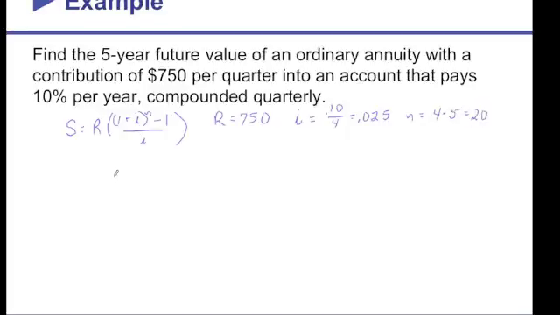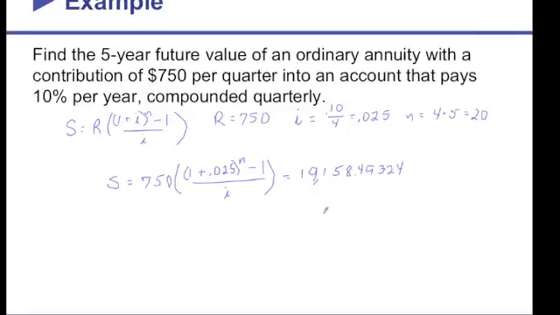Putting that into our formula, S will equal $750 times (1 plus 0.025) raised to the N, then minus 1, and that whole amount divided by I. When we put that into our calculator, we get 19,158.49324.